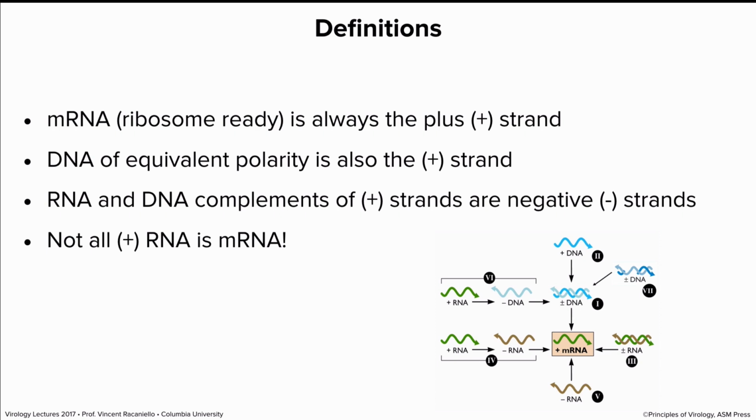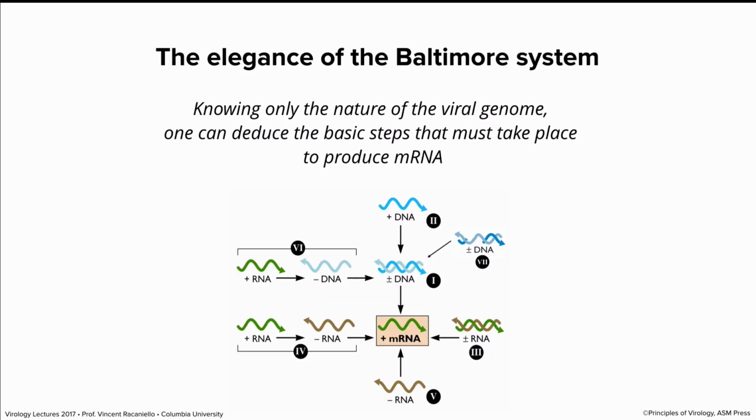All mRNA is plus RNA, but not all plus RNA is mRNA. So now in the Baltimore scheme, all the pluses and minuses make sense. For example, double-stranded DNA is plus minus DNA. Single-stranded can be plus or minus. We're showing it as plus here, and the same for the RNAs. So 7 genome types. Now, this scheme, this Baltimore scheme is beautiful.